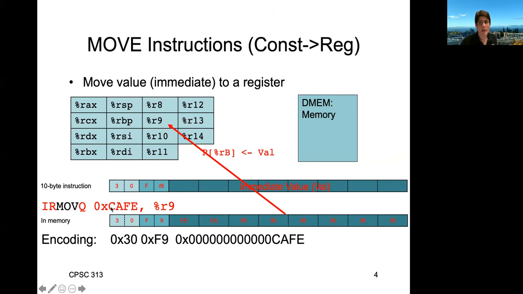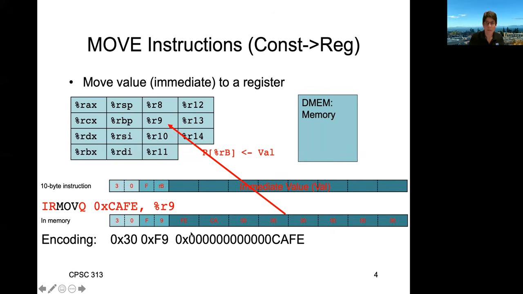So let's imagine that we want to move the value cafe into R9. Our opcode is 3. There's no function code. So we get 0x3, I'm sorry, 0x30 for the first byte. And then the next byte is RA RB, so 0xF9. And then in these 8 bytes, we need the constant value cafe.